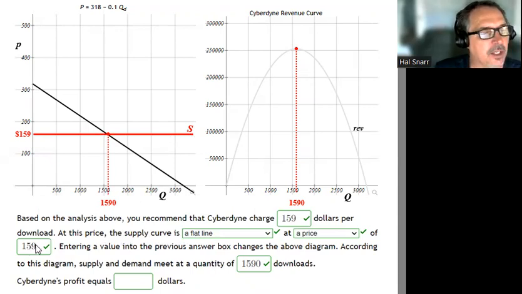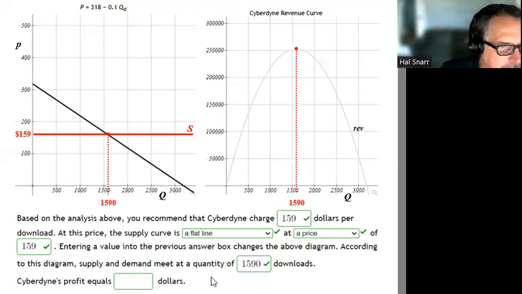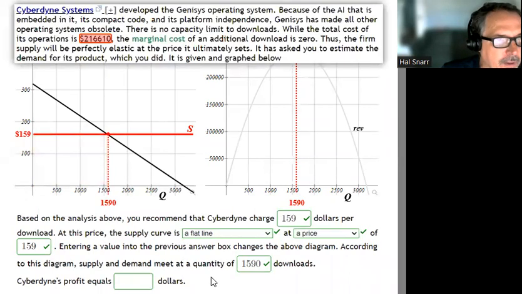So this is the supply curve of the Bill Gates software model. It's not upward sloping. Now, according to this diagram, the supply and demand meet at 1,590 downloads, which we found out in the table.